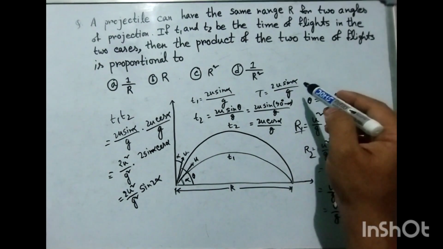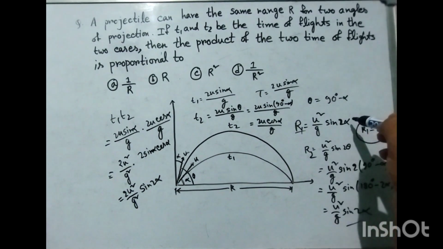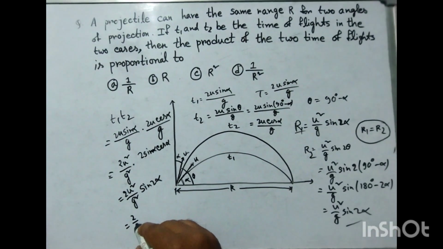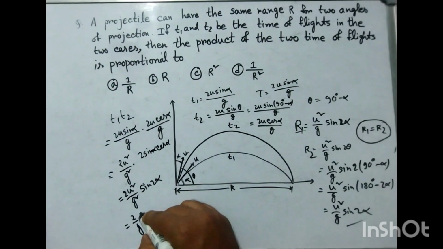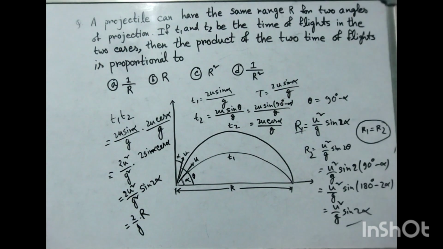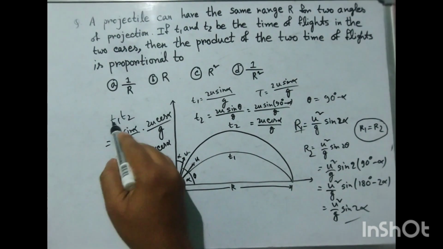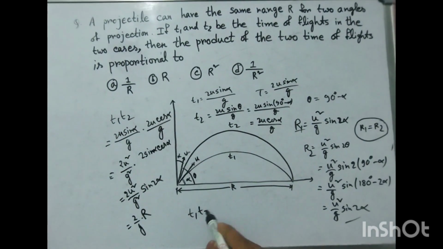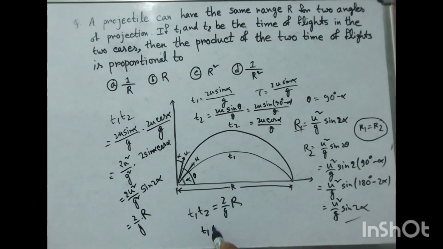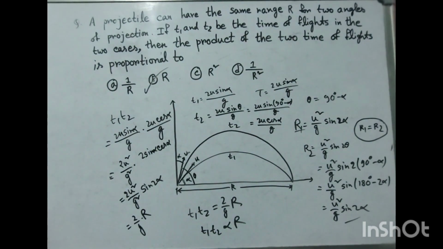Now we know that R is u square by g sine 2 alpha. So this will be 2 by g into R. So T1 T2 is equal to 2 by g into R, that means T1 T2 is proportional to R. So this is your correct answer.